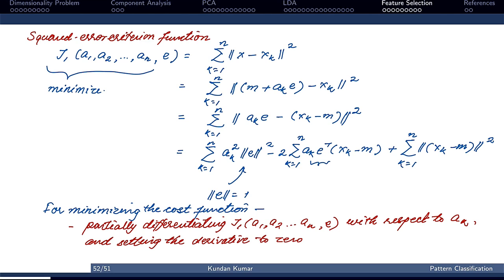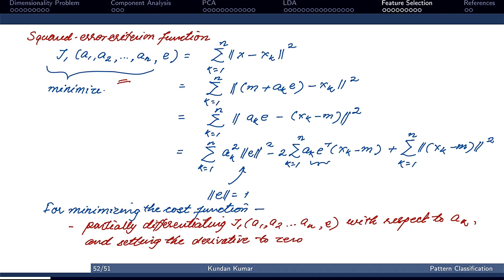Now we have to take the derivative of this term with respect to a1, a2, up to an, and then we will equate it to 0. So let us take the derivative of J1 with respect to ak, and then we will equate the term to 0.